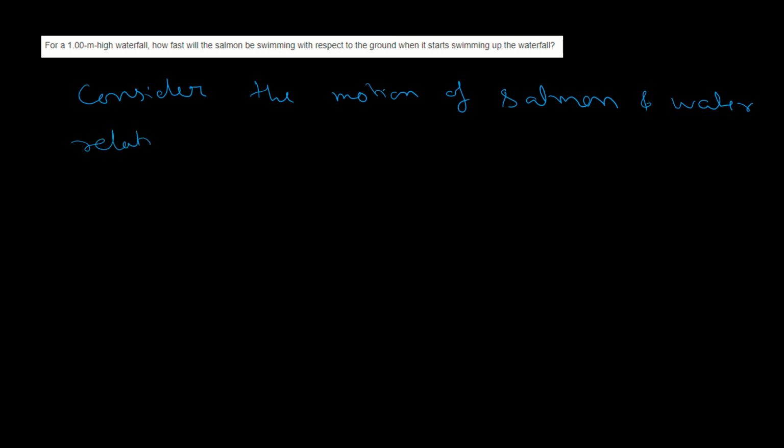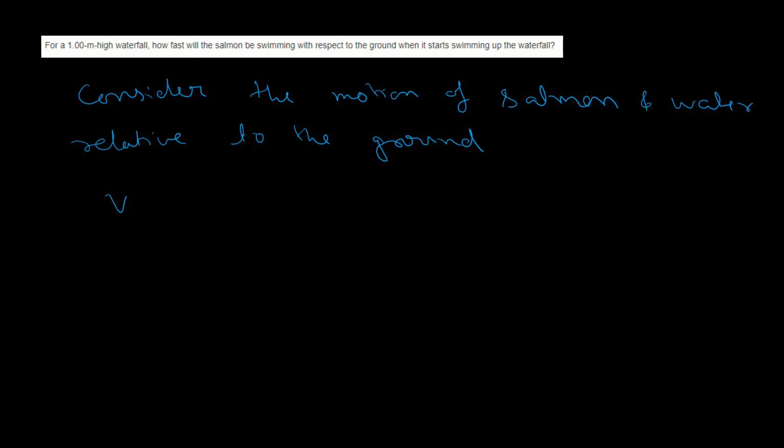So now let us consider the motion of salmon and water relative to the ground.